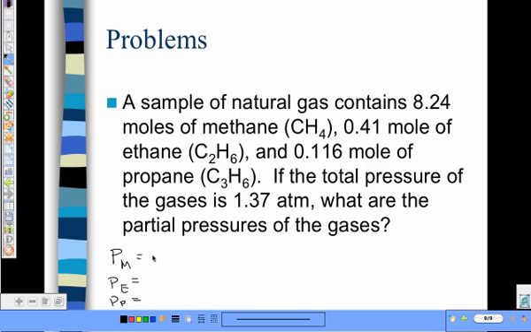Do you guys all agree with 1.3 atm, or approximately 1.1? What about ethane? Do you guys have ethane? Hold on. Okay. Did someone say it? 0.06? Depends on how you rounded. Should be pretty close then.